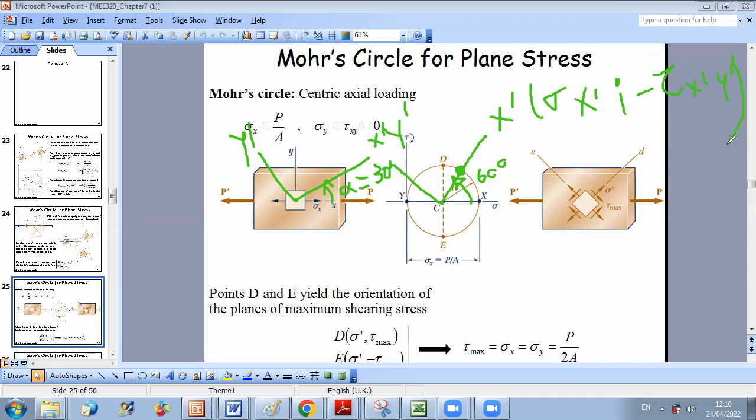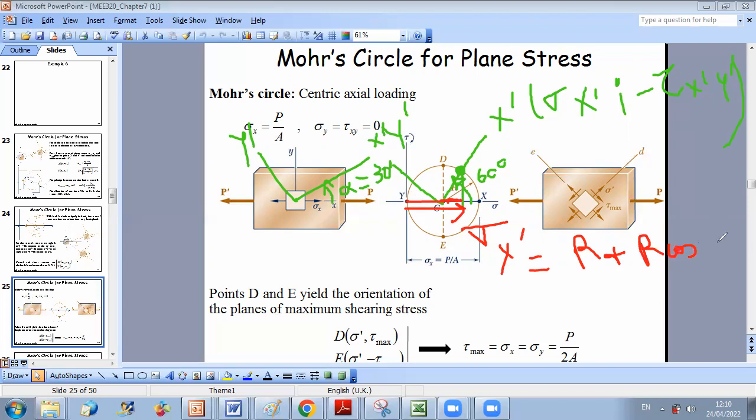And geometrically, if you look at this figure, for example, what is sigma X prime? If you project here, this is sigma X prime. How do you get it geometrically? It's equal to the radius of this circle, r, plus this distance, which is r cosine 60.